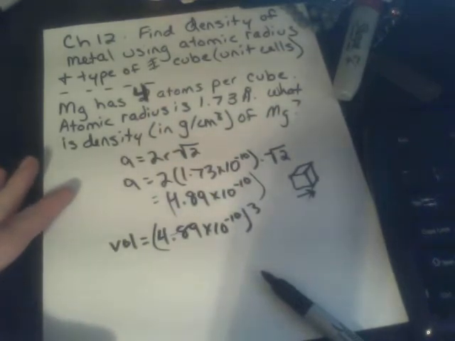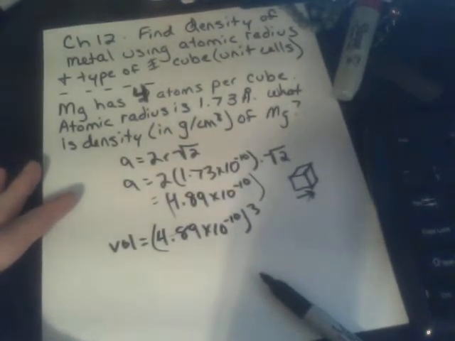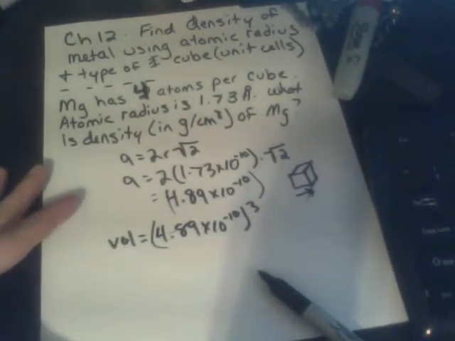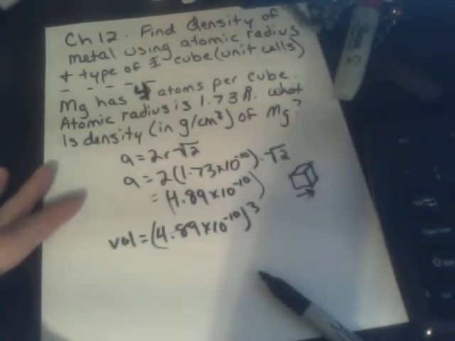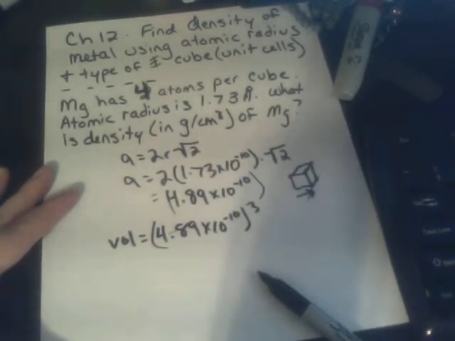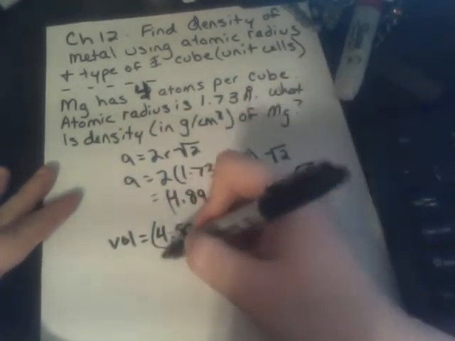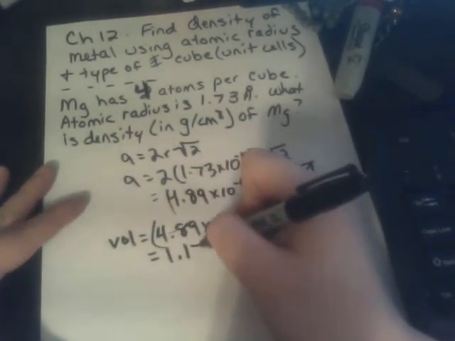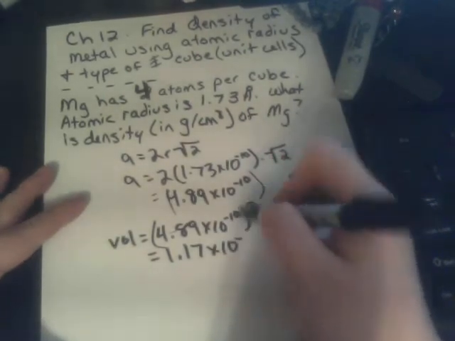To do that in a calculator, I got 1.17 times 10 to the negative 28.